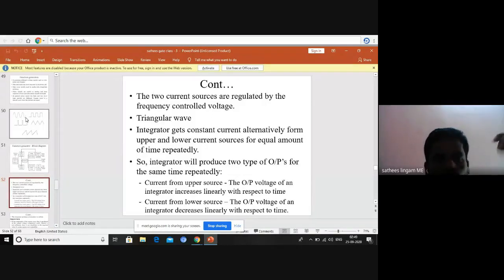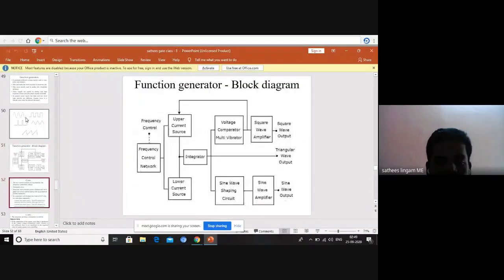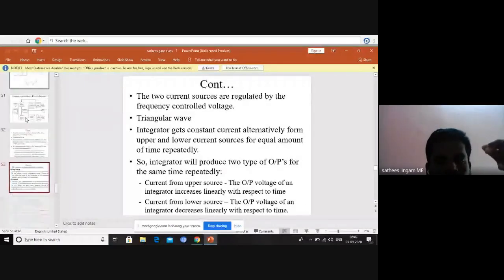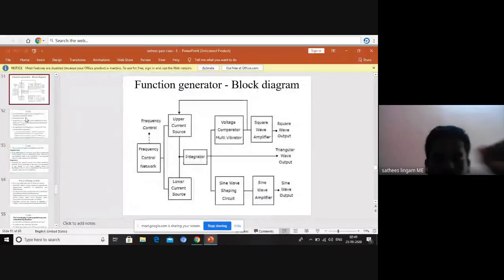This is a very important point. There are two different current sources, one upper and one lower. For the first half of the time, the upper current source delivers input to the integrator. Then, in the second half, the lower current source gives the supply to the integrator. That's the difference.